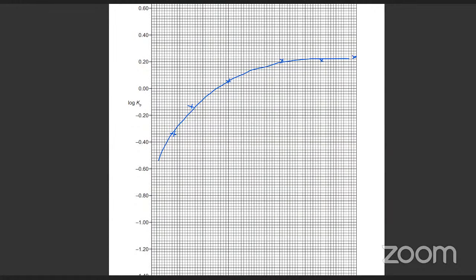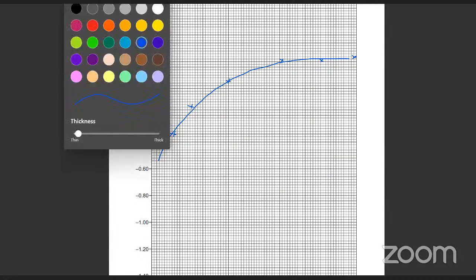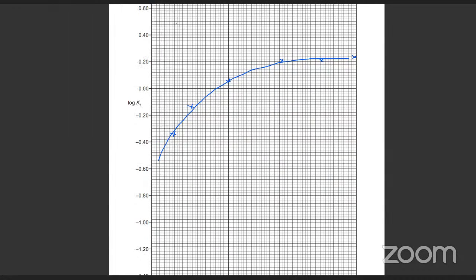Is this an accurate experiment or an inaccurate experiment? That's an accurate one. If my graph had points going up and down, that was a very sloppy experiment. That wasn't a very accurate experiment.